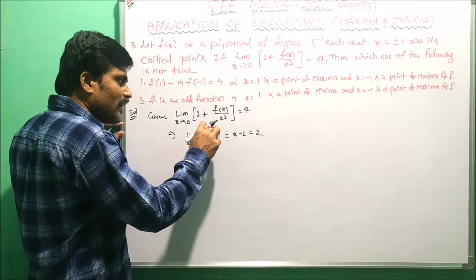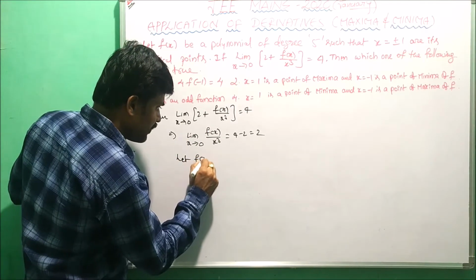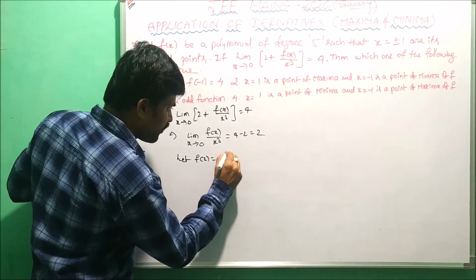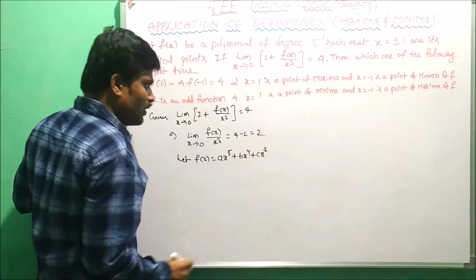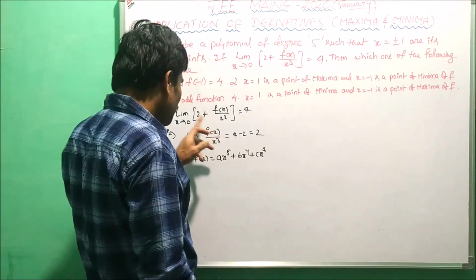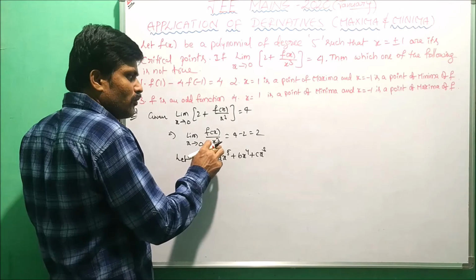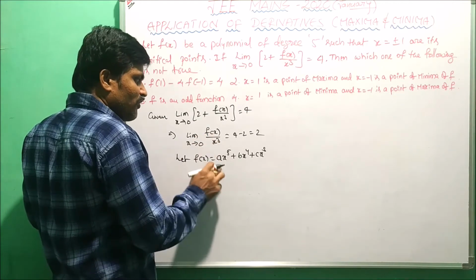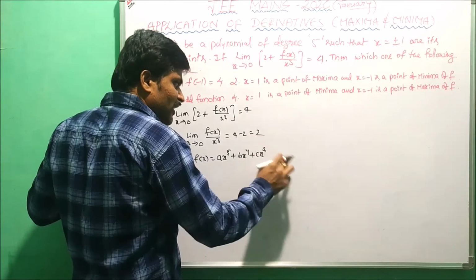Now here we can take f of x equals a into x to the power of 5 plus b into x to the power of 4 plus c into x cube. The remaining terms will vanish because the denominator is x cube. Now divide with x cube, so the remaining terms must compulsorily be 0.